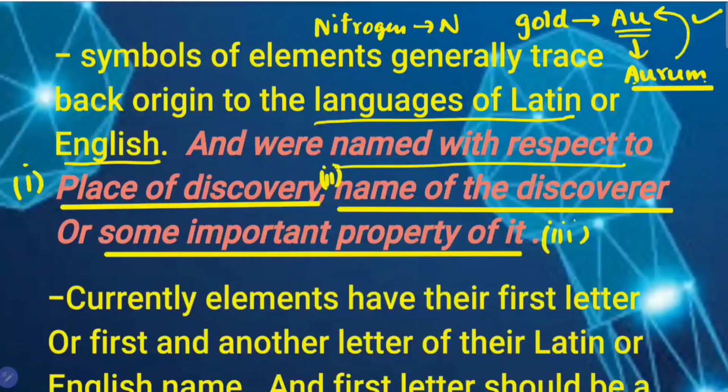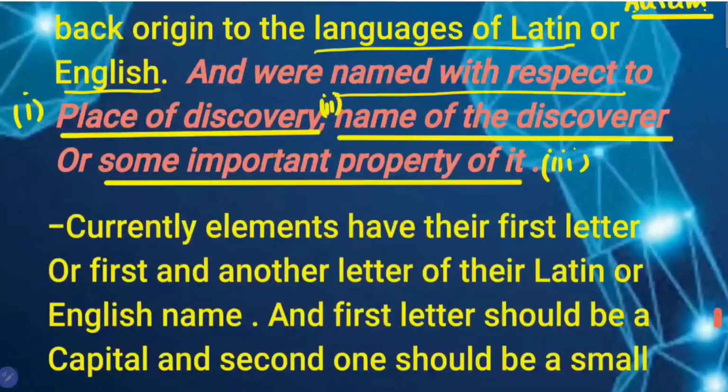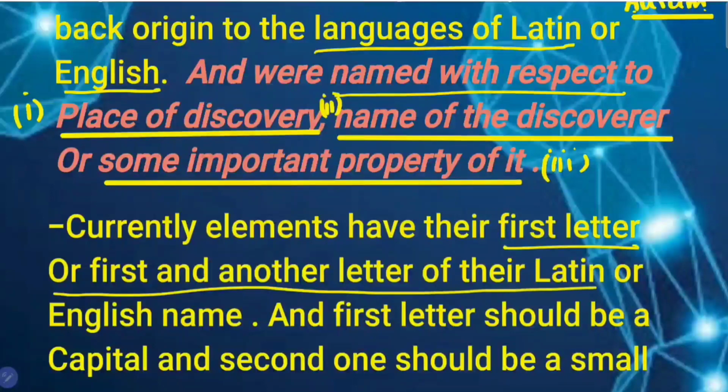So as I said, Berzelius was the first one to suggest the usage of letters for the representation of symbols of atoms and elements. And this is slightly modified right now to become this wholesome rule. That is, currently elements have their first letter, or first and another letter, of their Latin or English name.